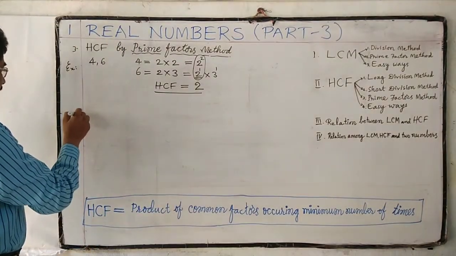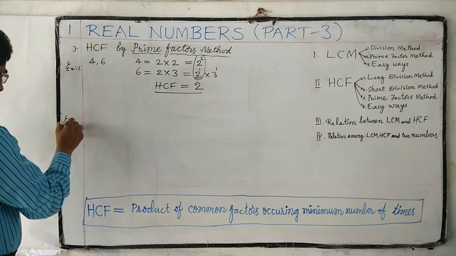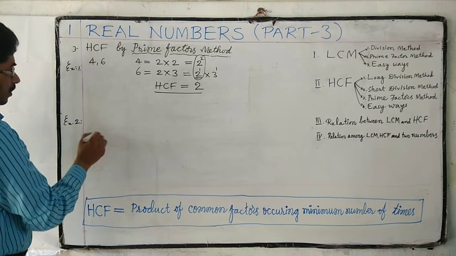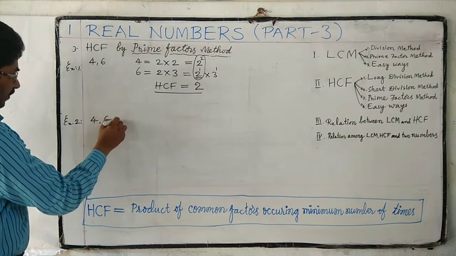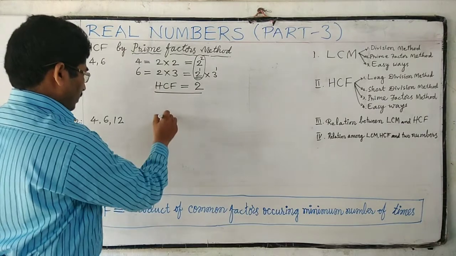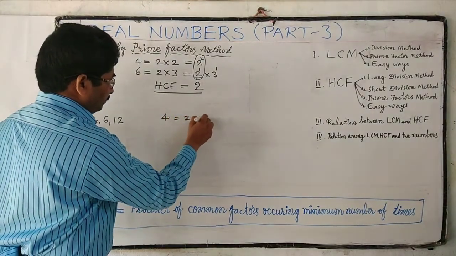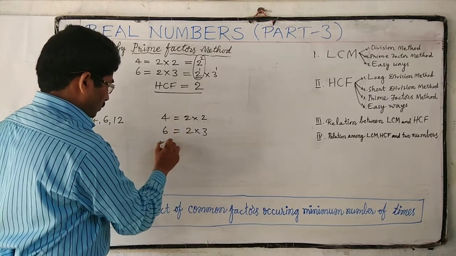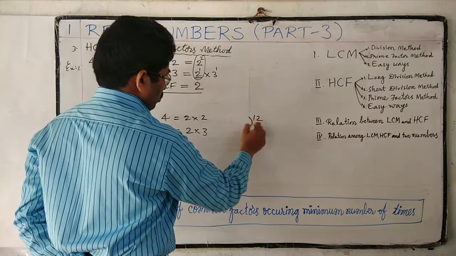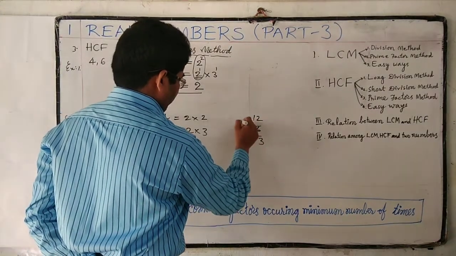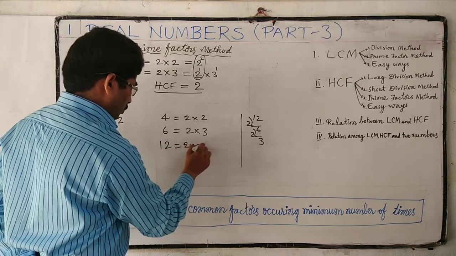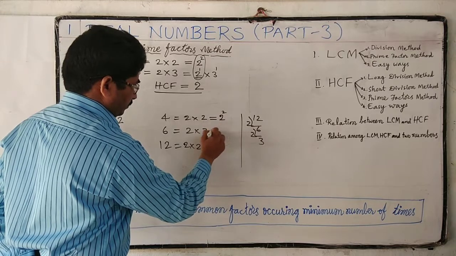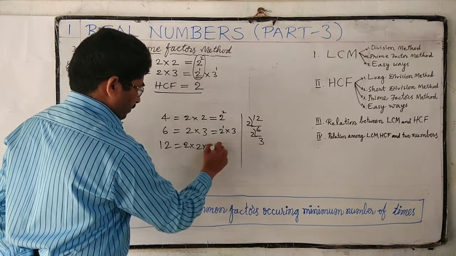One more example. HCF of 4, 6, 12. 4 is 2 twos, 6 is 2 threes, 12 is 2 sixes, 2 twos, 3. So 2 into 2 into 3.